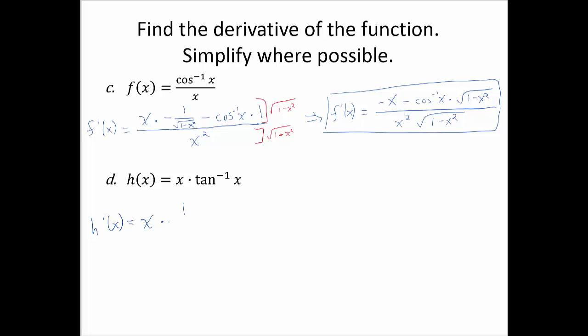The derivative of tangent inverse is 1 over 1 plus x squared, plus differentiating the first factor, x, the derivative of x is 1, times leaving the second factor alone. And so we can write that as x over 1 plus x squared plus tangent inverse x.